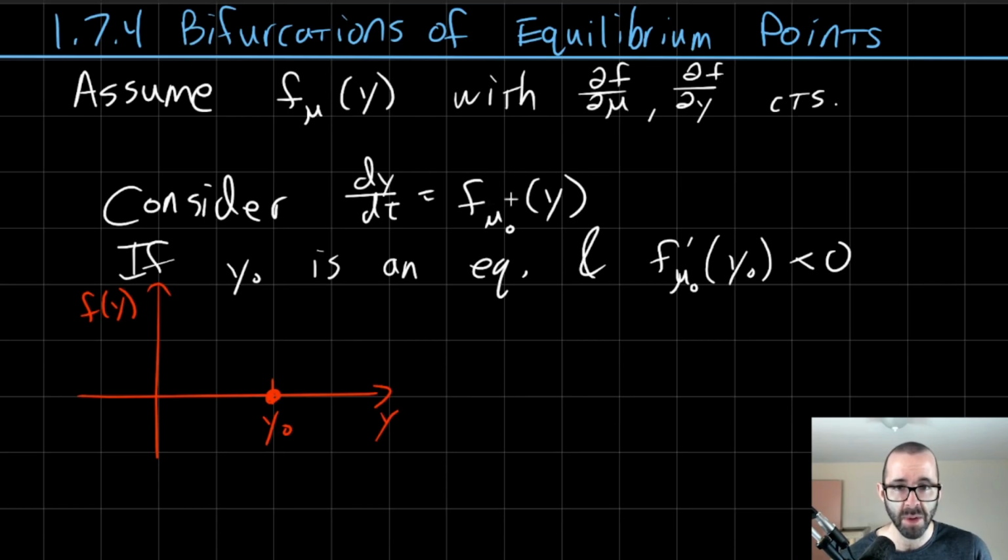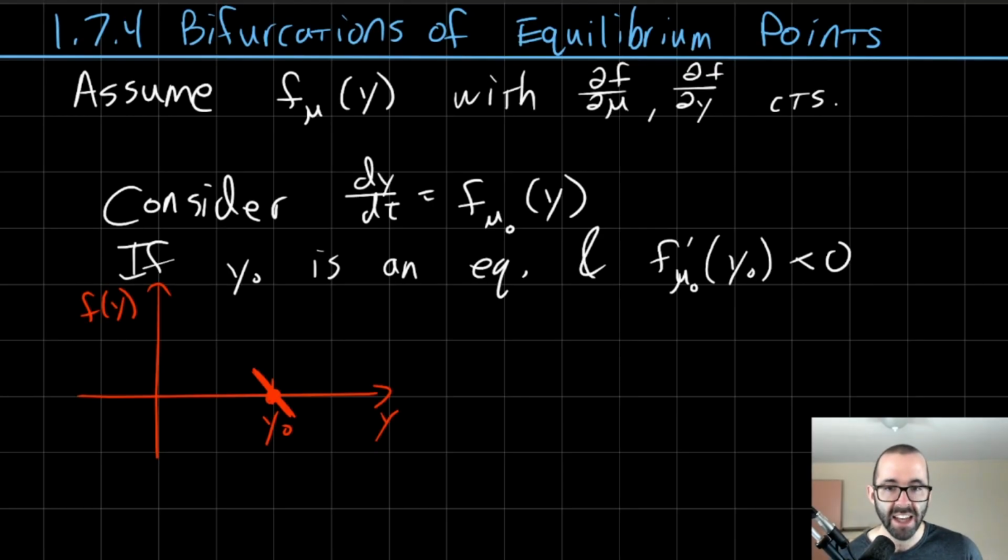That's the whole point of equilibrium points, that dy dt is 0, so f is 0. And if the derivative of f with respect to y at y naught for a parameter mu naught, that's a bit of a mouthful, is negative, we know that very locally, we don't know what's happening outside, but very locally, the function's looking like this.